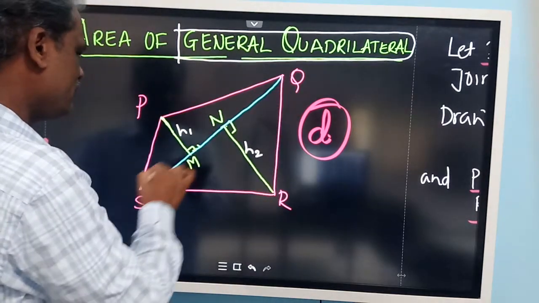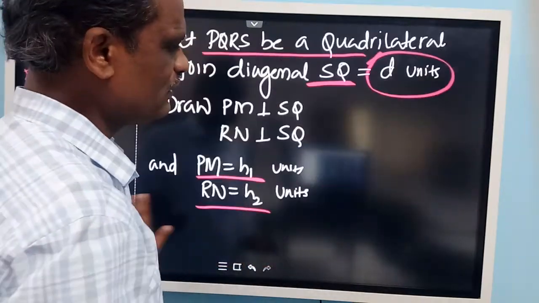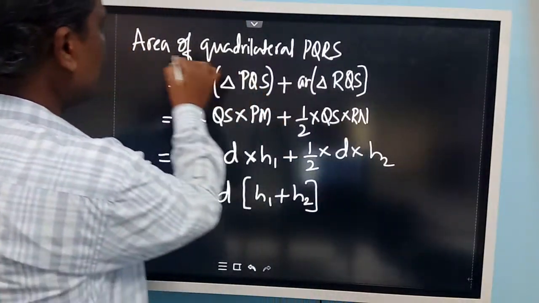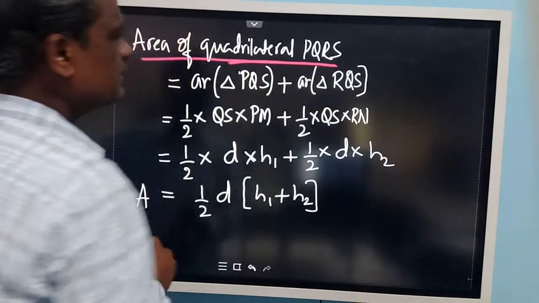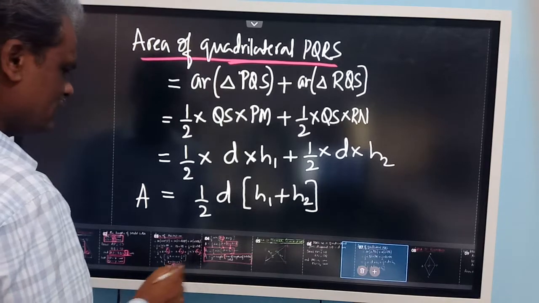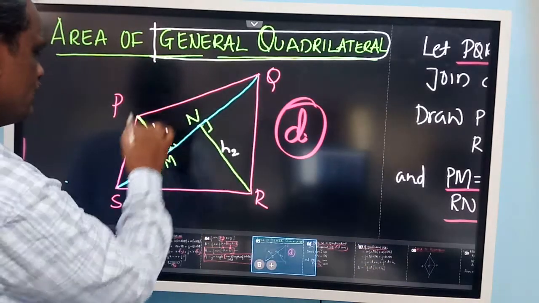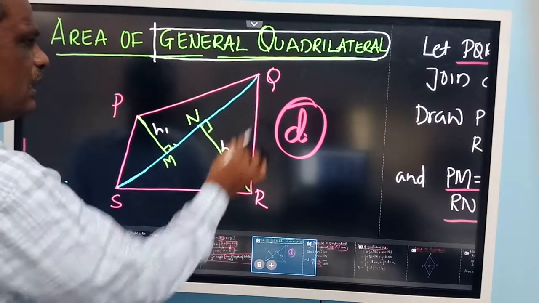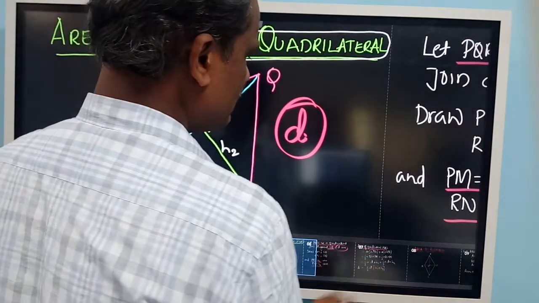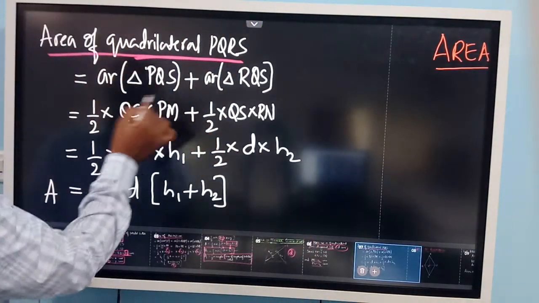Now let us see the area of this PQS. The area of the quadrilateral PQRS is the sum of the areas of triangles PQS and RQS. Look at this diagram. Again you come to this one, PQS.